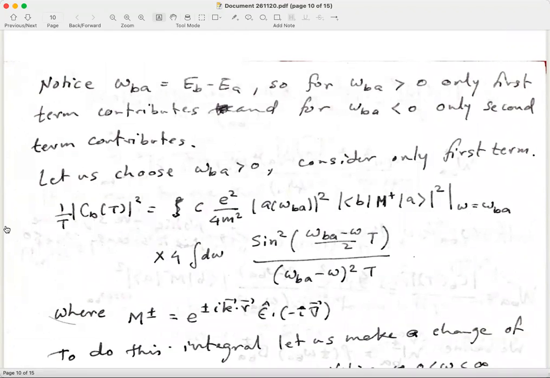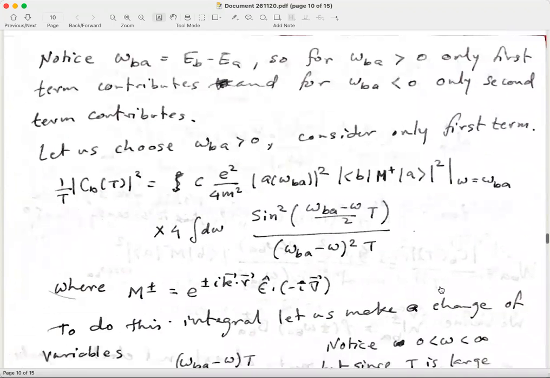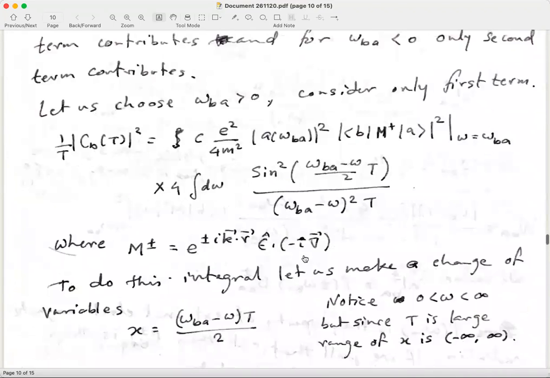This t is simply because we are dividing the whole thing by t. So this M plus minus is the same thing that I just mentioned.